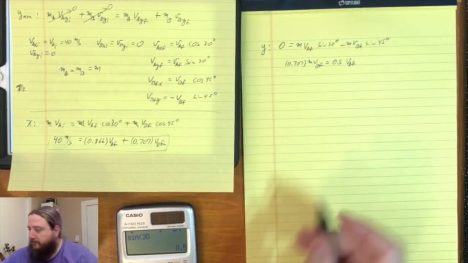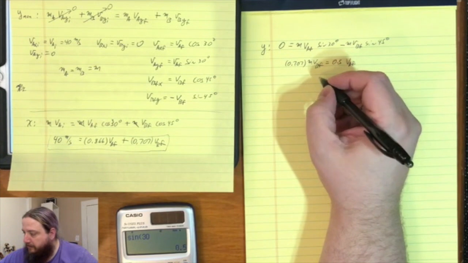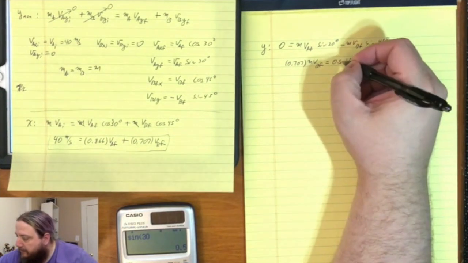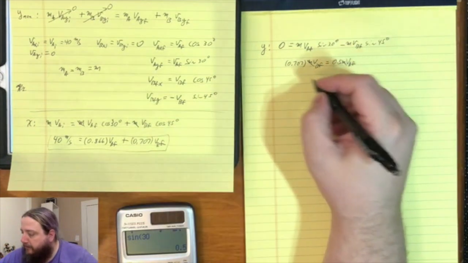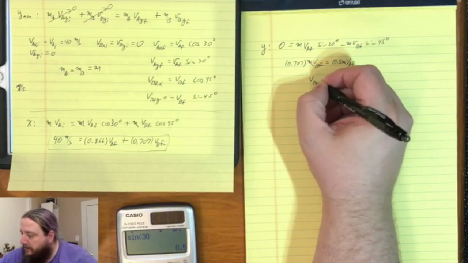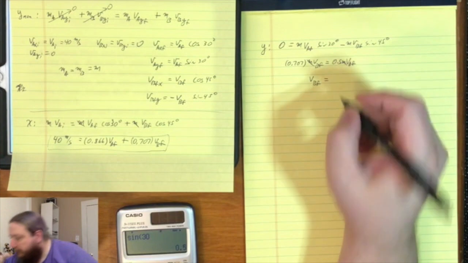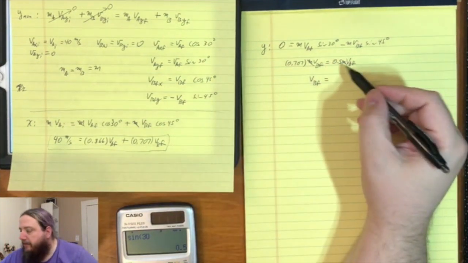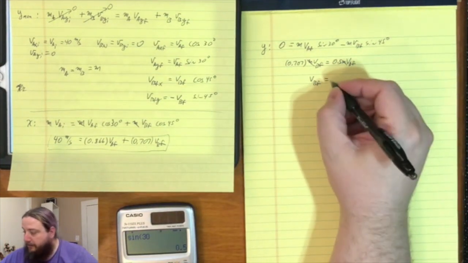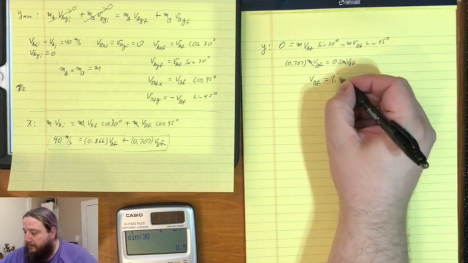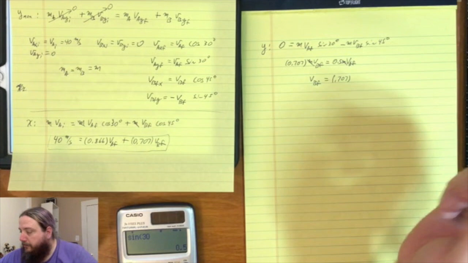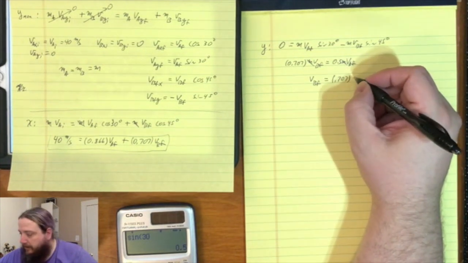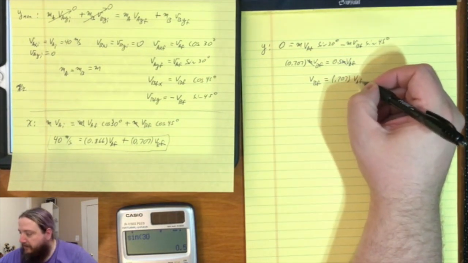And we can solve this for the velocity of B times the mass, and the mass terms cancel. And we can solve this for the final velocity of B in terms of the final velocity of A. Divide a half by 0.707, and you get 0.707, that 0.707 of course being root 2 over 2, times velocity A final.